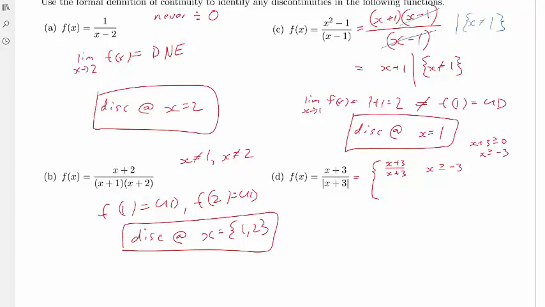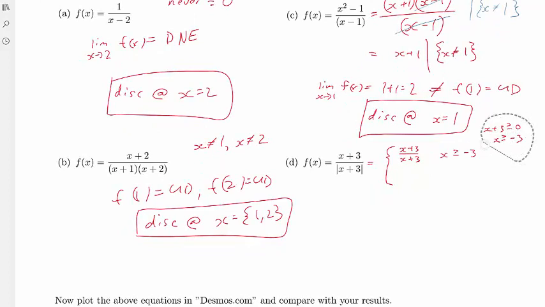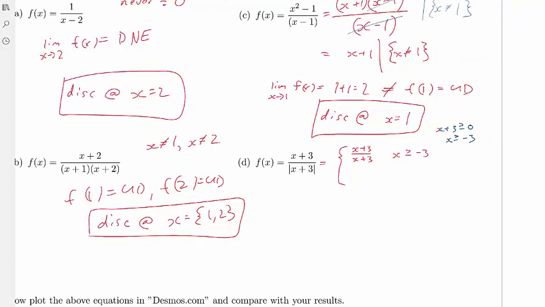All right. I'm not going to erase this, but let me go ahead and change the little blue there so you know it's a little bit of side work. All right, and then we have x plus 3 divided by x plus 3, negative, if x is less than negative 3. All right, because that's what the absolute value does.